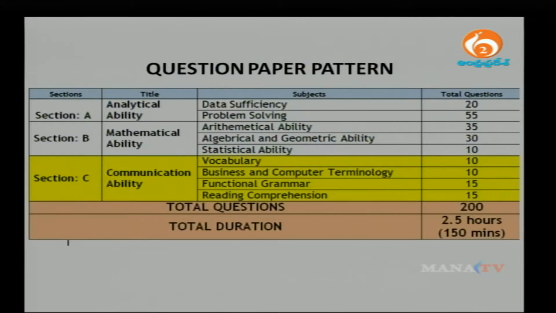Please remember, all these questions are multiple choice questions. There is nothing descriptive. In section A and B, you need to spend considerable time doing the calculation and then picking the right answer.